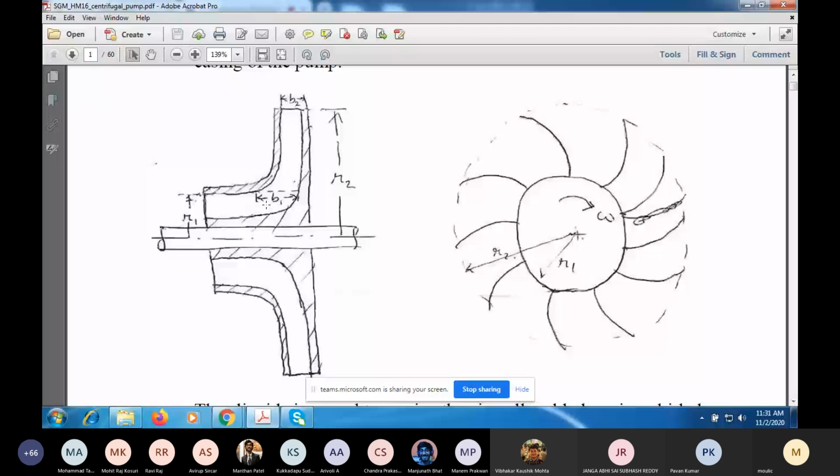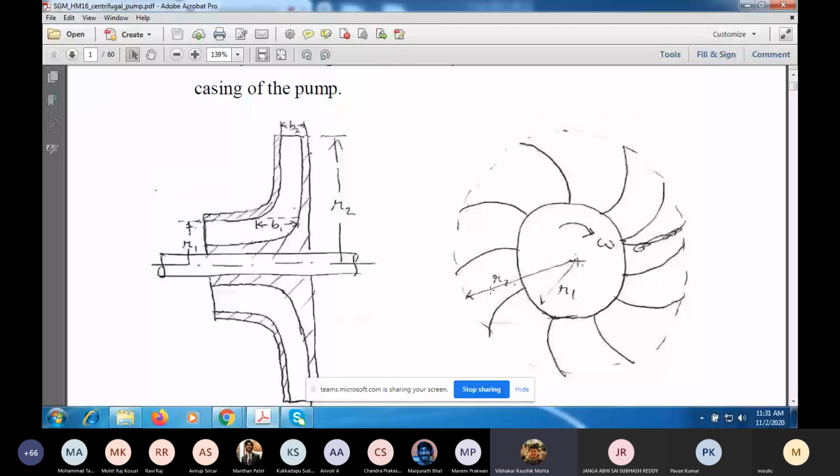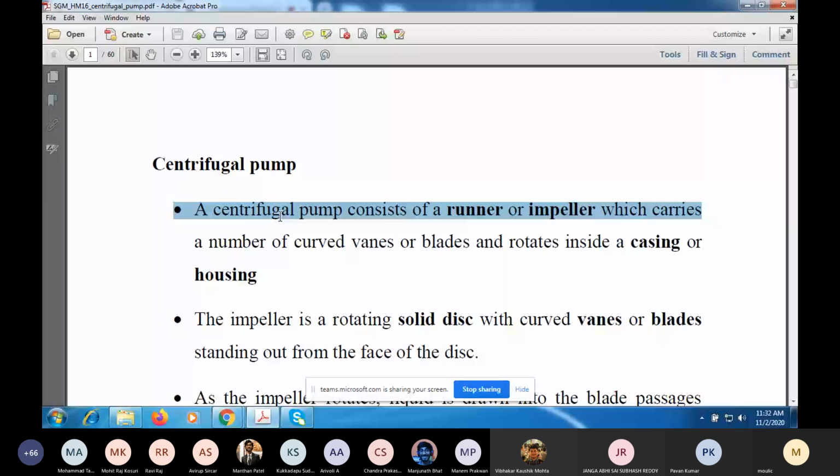Okay. And this is the other view. This is the hub. Okay. This plus here is the center of the shaft. And here I've shown a clockwise rotation. And here you have what are called blades or vanes. Okay. So a centrifugal pump has a casing, which I have not yet shown, and a rotating part, which you may call the runner or impeller.